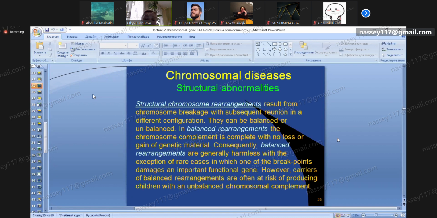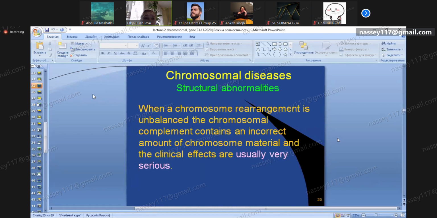Consequently, balanced translocations are generally harmless, with the exception of rare cases in which one of the breakpoints damages an important functional gene. However, carriers of balanced translocations are often at risk of producing children with an unbalanced chromosomal complement.